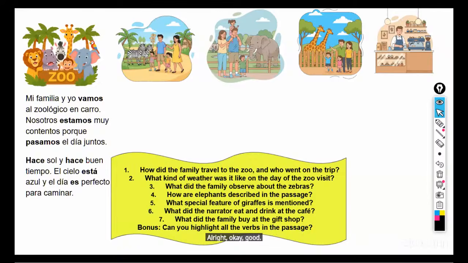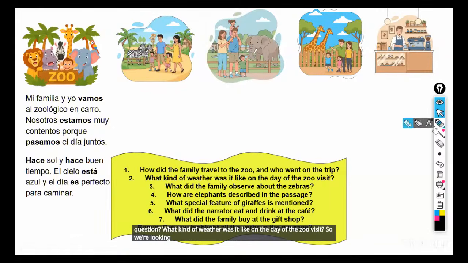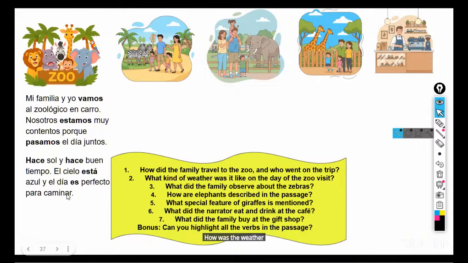All right, so that's the first question answered. What is the next question? What kind of weather was it like on the day of the zoo visit? So we're looking at the next paragraph because the answers go more or less in order of the passage. How was the weather? Hace sol, hace buen tiempo. So there are multiple answers here. El cielo está azul.